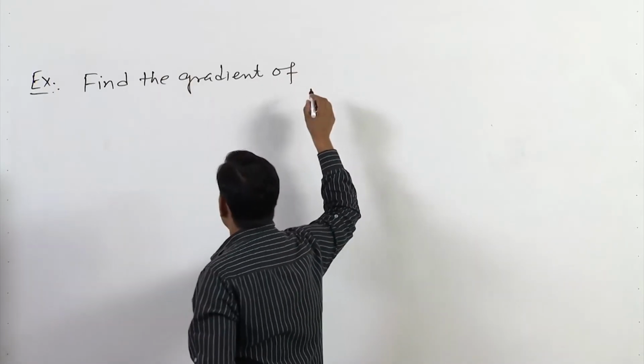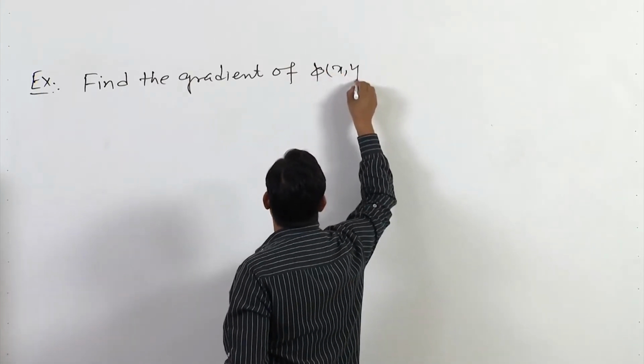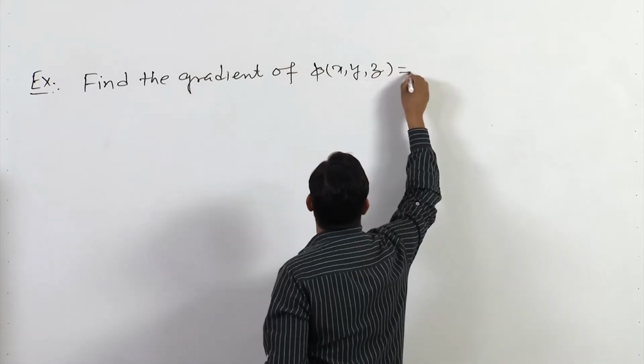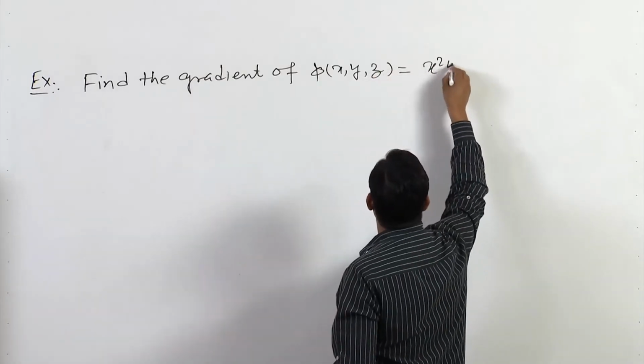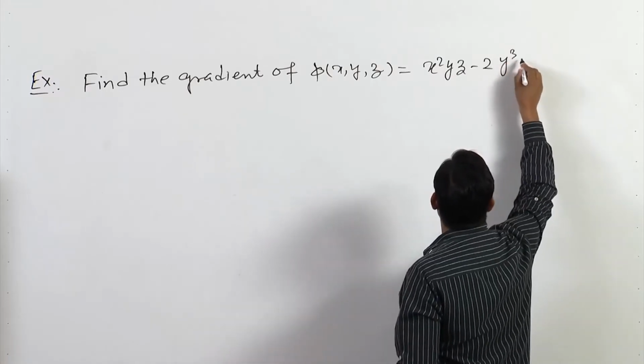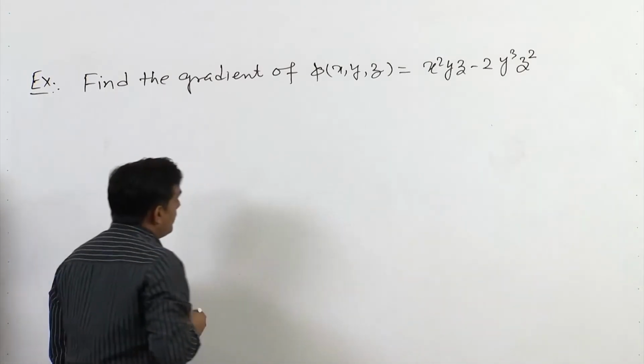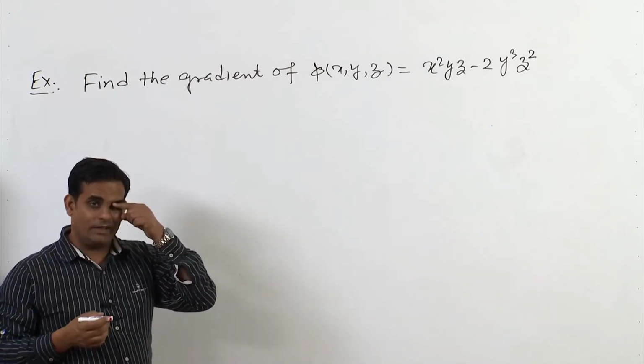Now we will take an example: find the gradient of phi(x, y, z) equals x square y z minus 2 y cube z square. Here phi is a scalar function.